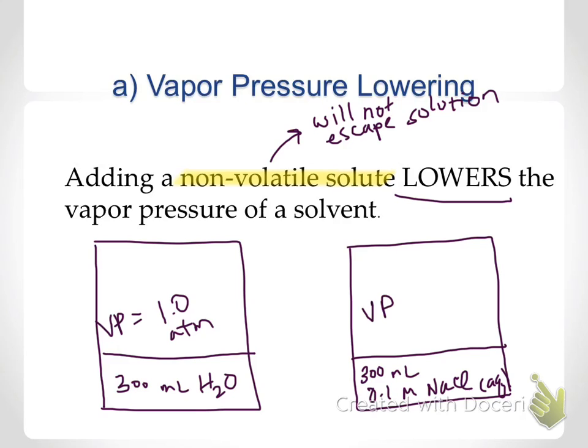Now the vapor pressure is going to be somewhat less than that. For whatever reason, and I know what the reason is, we're just not talking about it now, because of that solute in there, the number of water molecules that can escape is lowered. And the number of water molecules over here would be greater in the pure solvent. So that's the basic idea behind vapor pressure.